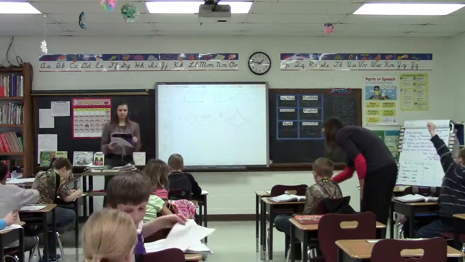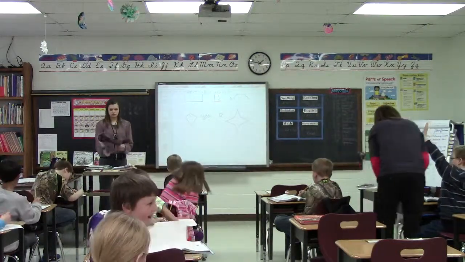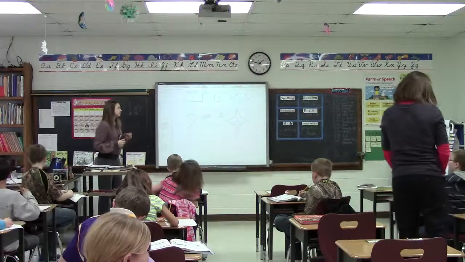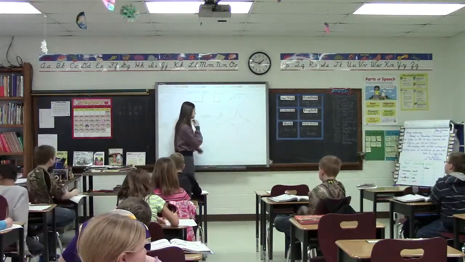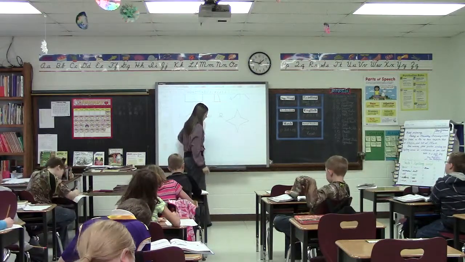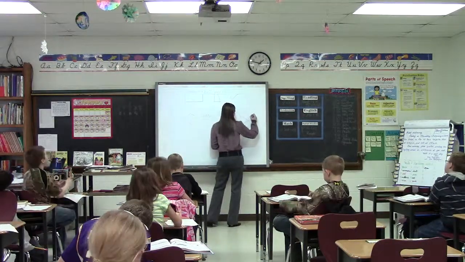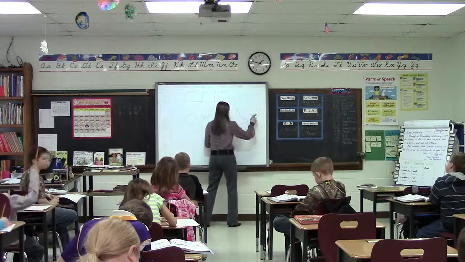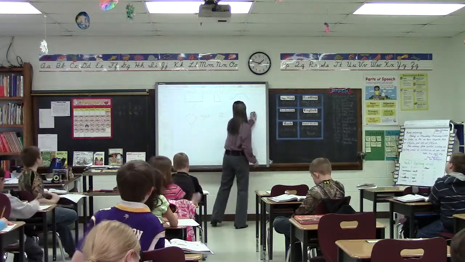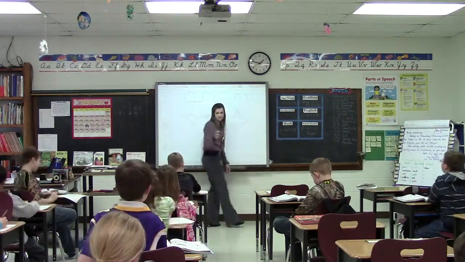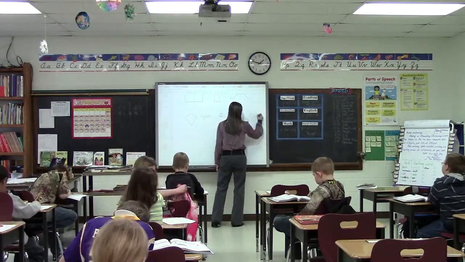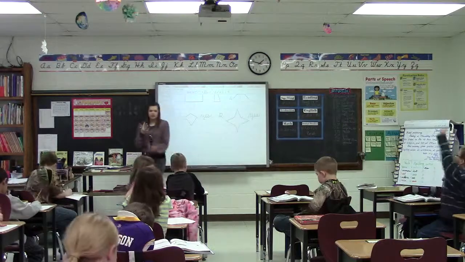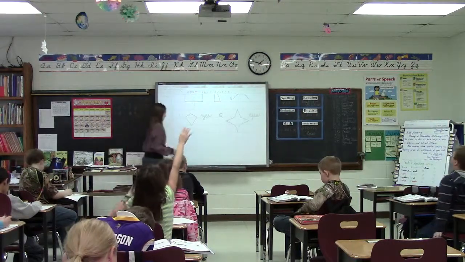Okay. So, Cody, is that figure symmetrical? Yes. I think I made it kind of not. Oh. All right. Just test it, make sure you're paying attention. Yes. Where can we cut that one, Cody?